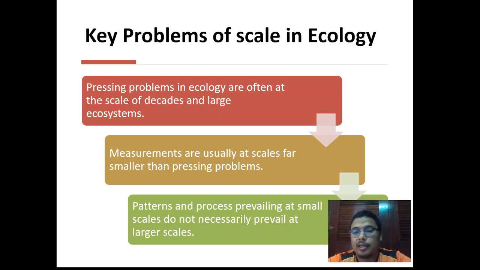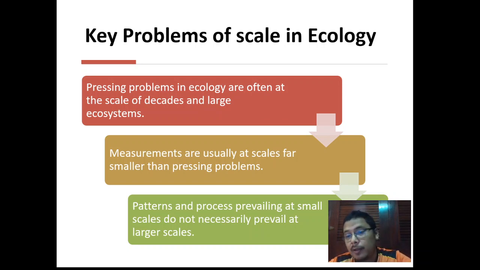Usually we do the smaller space. And then the third one: patterns and processes prevailing at small scales do not necessarily prevail at larger scales. So sometimes when you work at a small scale, you cannot interpret, sometimes very prematurely, the whole ecosystem. For instance, if you want to look at microbes in the soil, you just take 1 teaspoon.